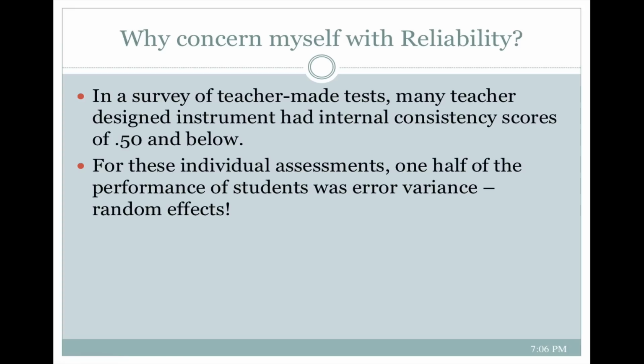Why should you concern yourself with reliability after all? Well, in a survey of teacher-made tests, many teacher-designed instruments had internal consistency scores of 50% or below. So in other words, for these individual assessments, half of the performance of students was error variance, just random effects.